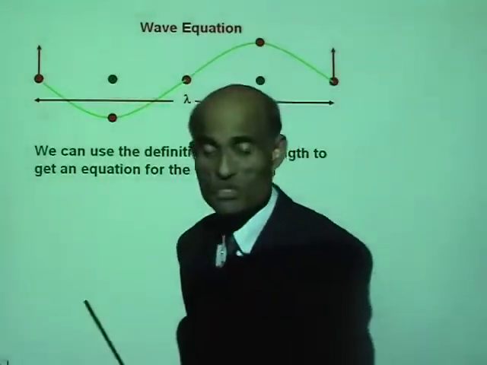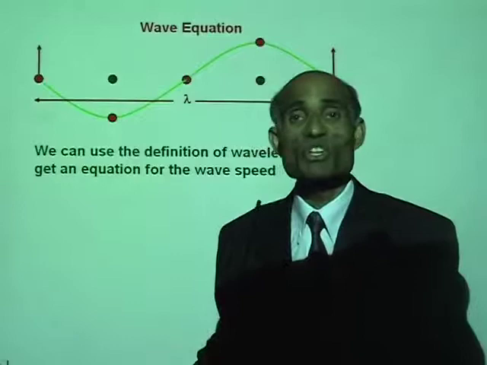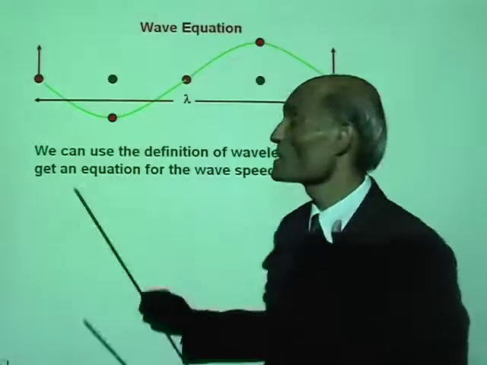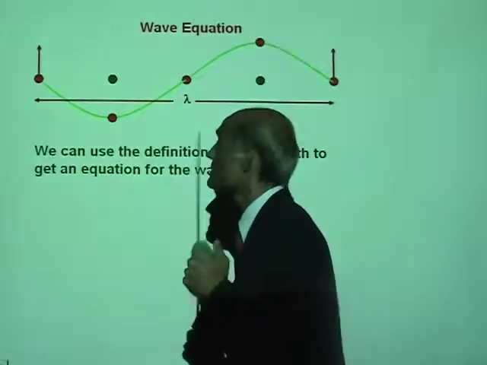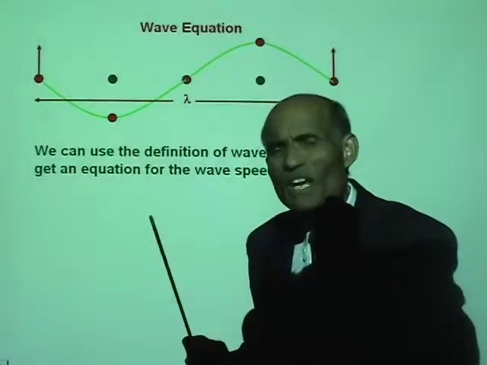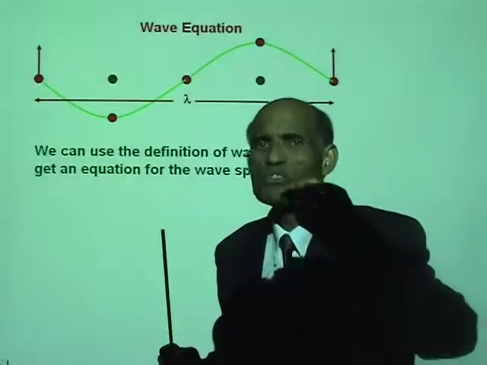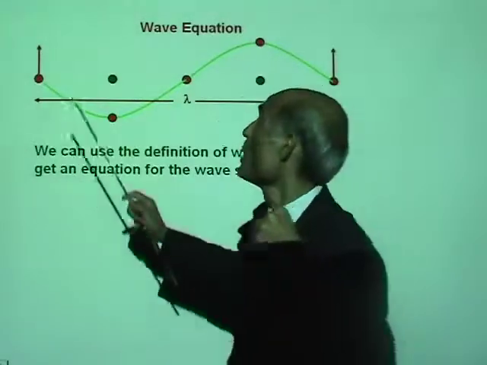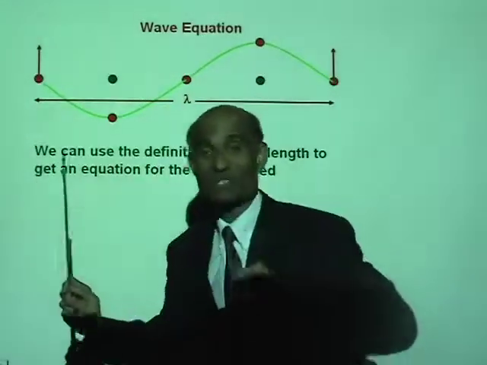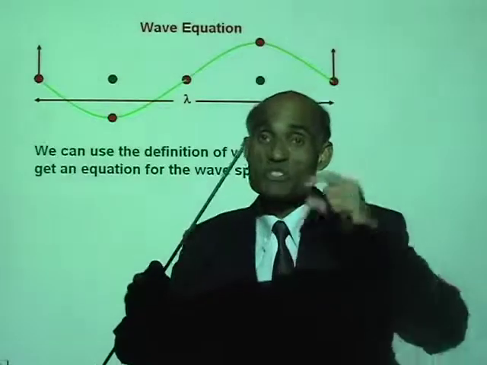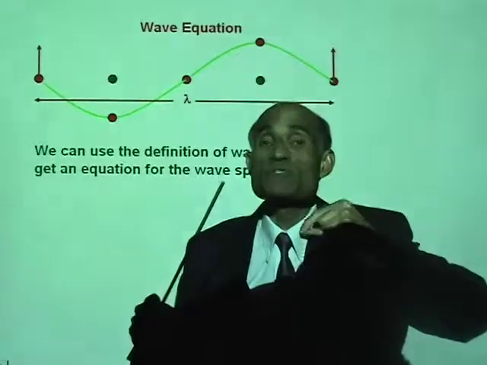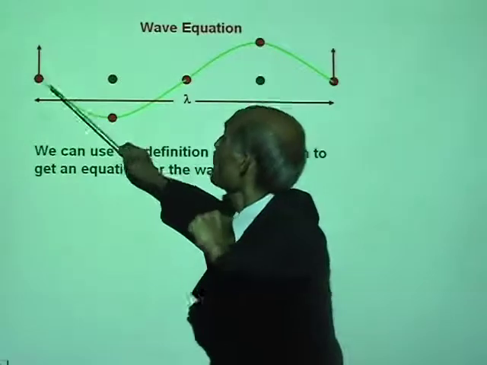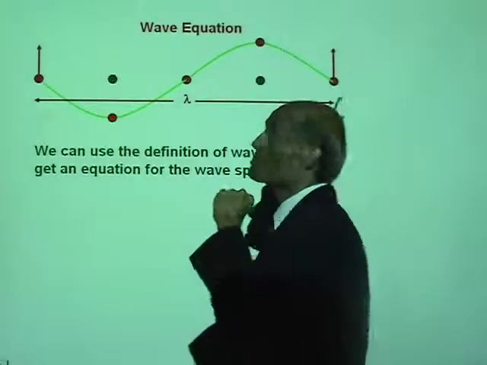A wave equation is an equation that gives you a relation between wavelength, frequency. What is frequency? Frequency is the number of vibrations per second of each particle. Each time a particle completes one vibration, a full wave is produced.